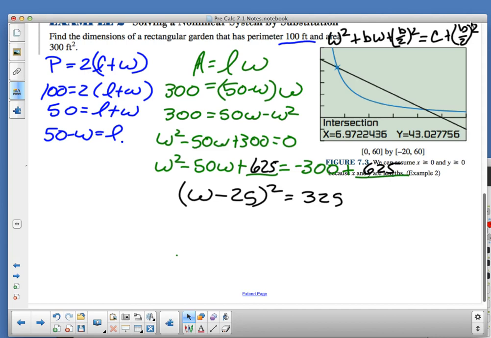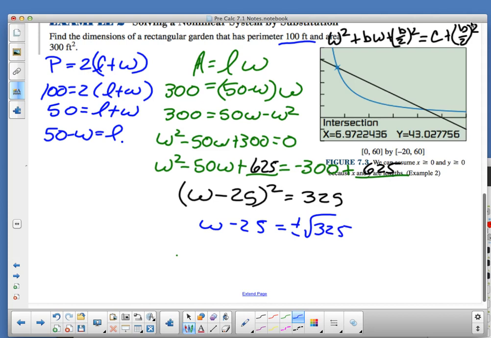Okay, now I'm at this point, I'm going to take the square root of both sides. So I got W minus 25 is equal to plus or minus the square root of 325. Okay, I'm going to add 25 to both sides. Plus or minus the square root of 325.